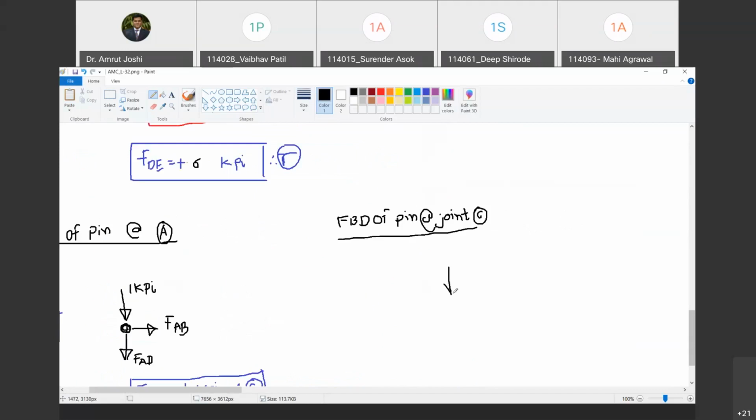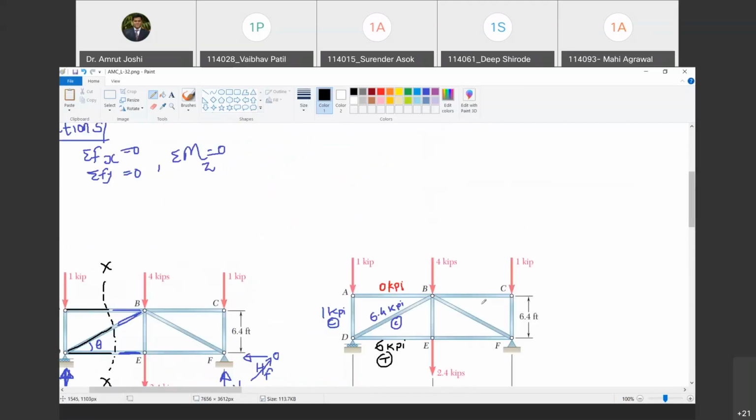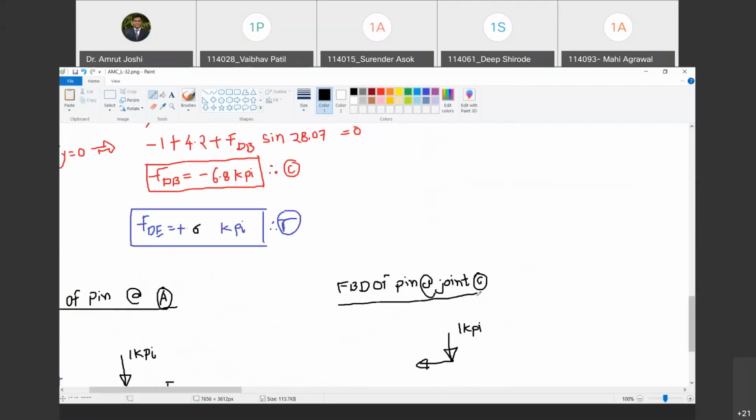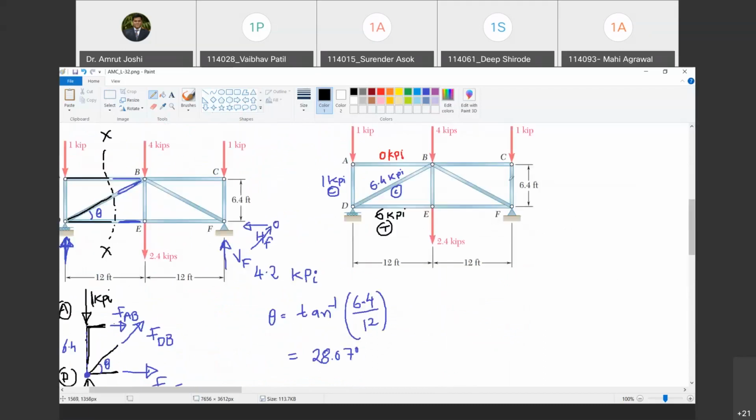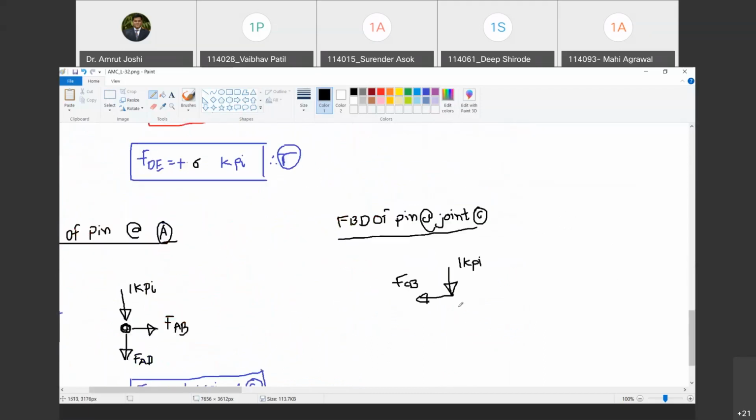A 1 kPi force is going to be there. This is going to be force in member CB. Do you agree with me? Yes, sir. I assume it to be tensile. And then it is going to be force in member CF. Happy? Yes, sir.